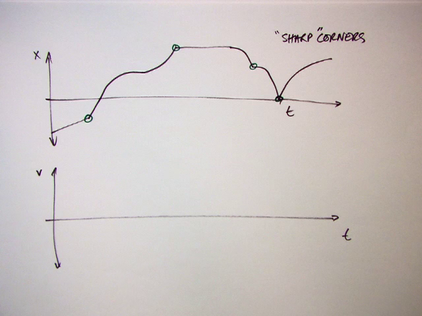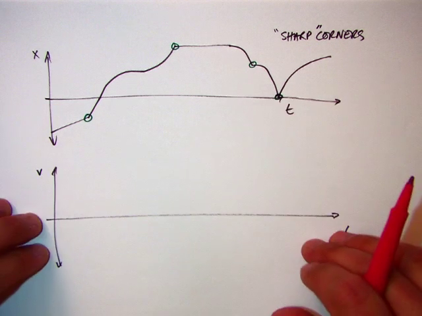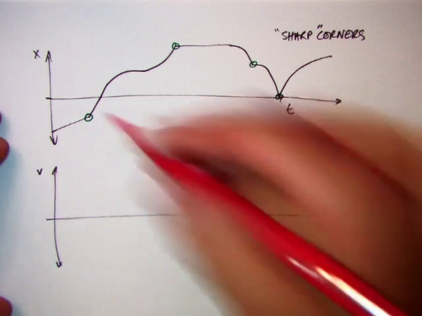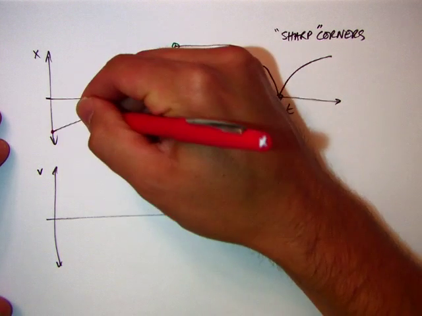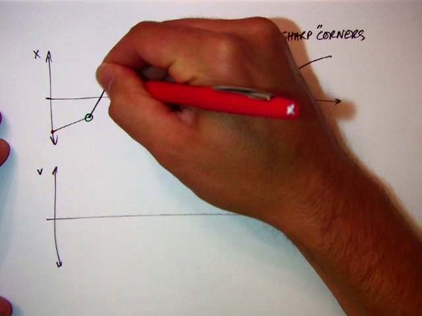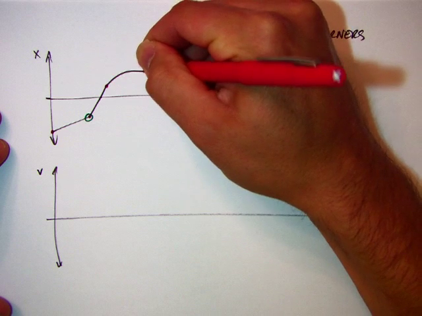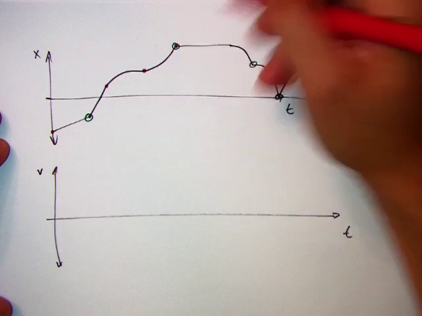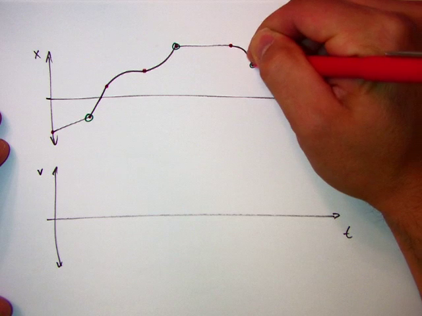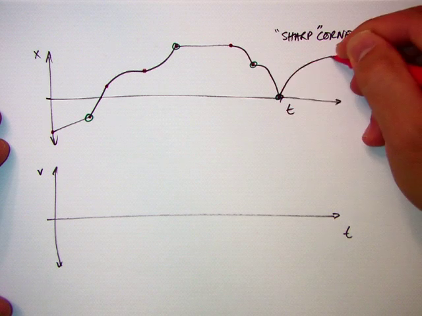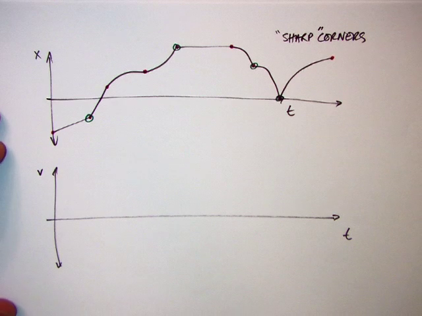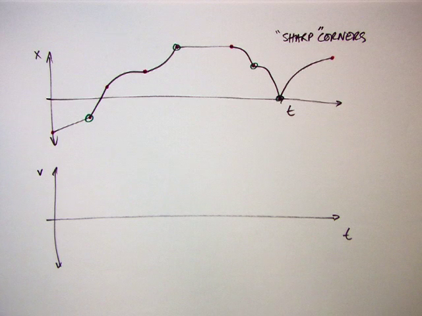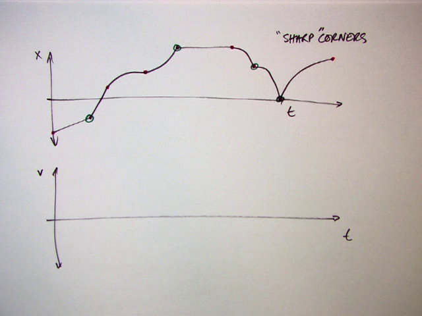Really, the rules don't change in terms of using the slope of this graph to tell us this graph, breaking it into segments. So let's do that first. So segment 1, segment 2, 3, 4, 5, 6, 7, 8. Everywhere the way the slope is changing changes.